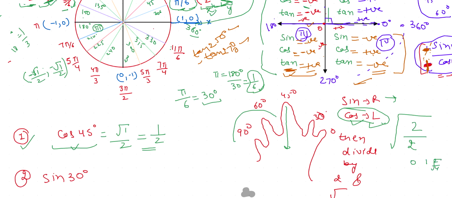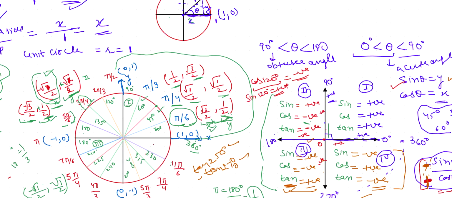Okay. So here it is root 1 by 2. Its value is not 1 by 2, that is root 1 by 2. You have to correct it over here also, and here also.